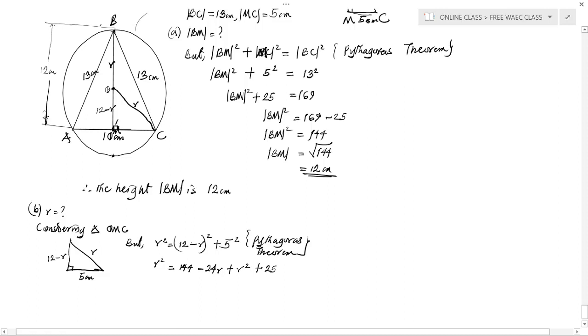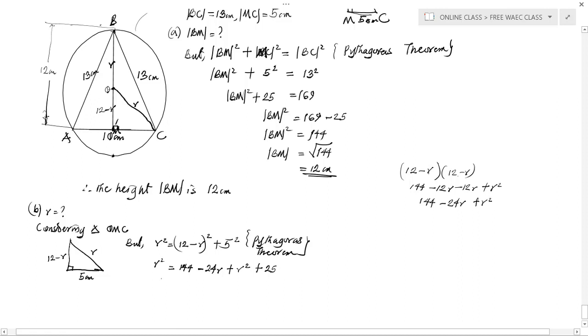So if you know how I expand this, it's very simple. What I've done is 12 minus R times 12 minus R. 12 times 12, 144. 12 times minus R is minus 12R. Minus R times 12 is minus 12R again. Minus R times minus R is plus R squared. So we have 144 minus 24R plus R squared.